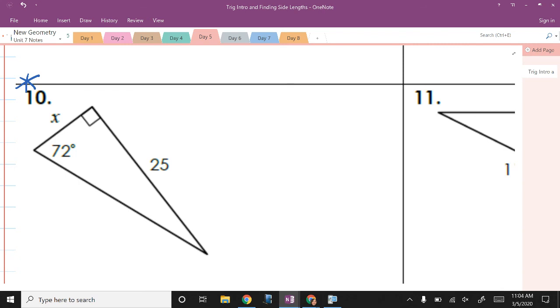I don't know how to start over. Let me get it on the screen first. Fractions are always funny. It's just extra fun.